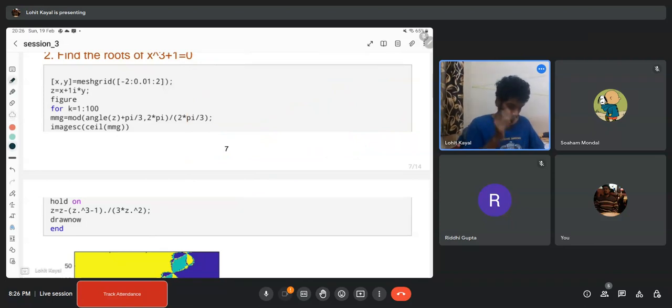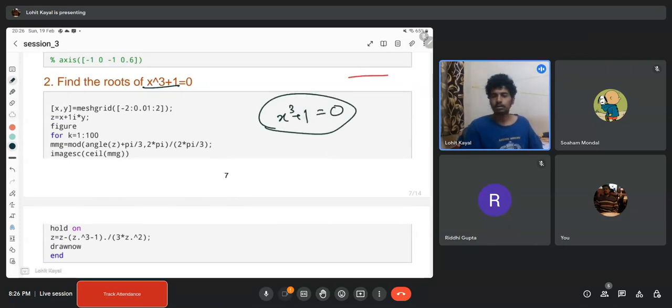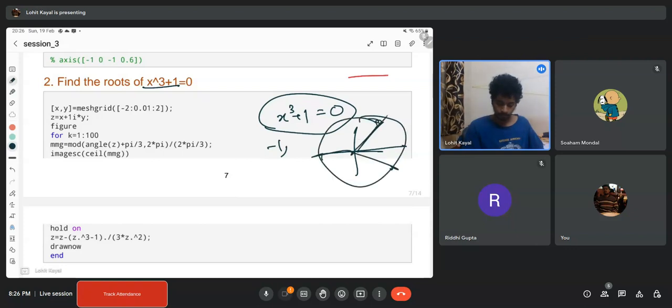Right. So I want to find a solution of x cube plus 1 equal to 0. It has three roots, we know that. One is minus 1, another will be here, something like that, in this plane. So one real root and two complex roots, omega and omega square.